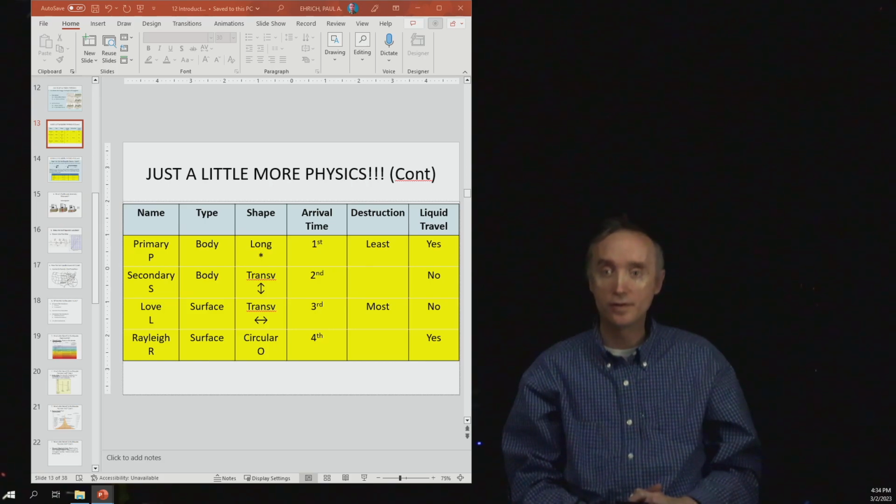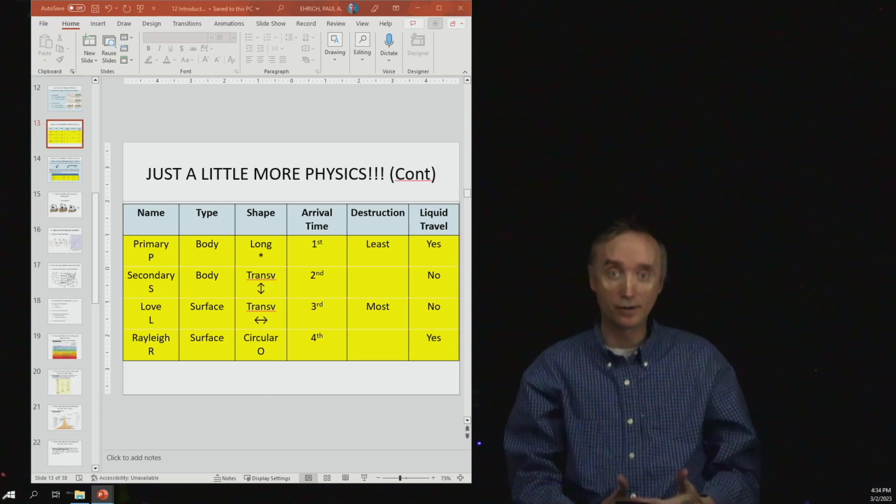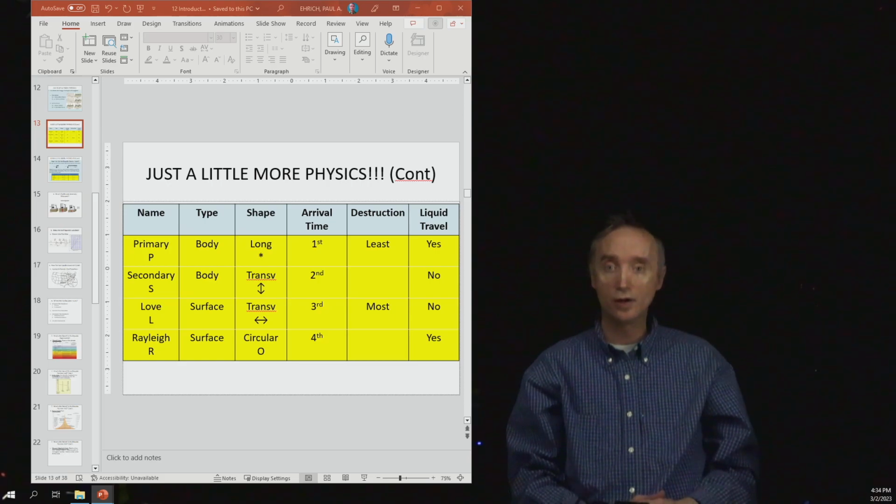Secondary waves are the second fastest of the different kinds of earthquake waves, and so they are secondary waves. Then Love waves come in third, and finally the slowest of them is going to be the Rayleigh waves. The least destructive of these different kinds of earthquake waves is your primaries, and the most destructive is going to be the Love waves.